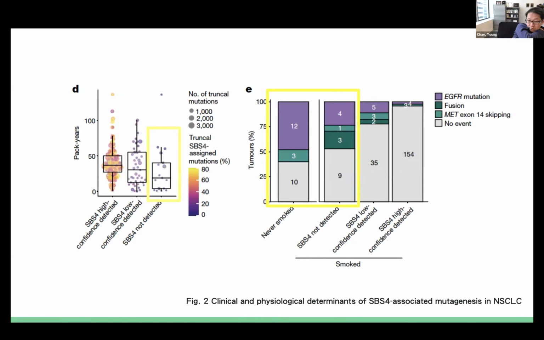So they're suggesting there is a two-step model as to how tobacco induces mutagenesis. It has a tumor initiation part and a promotion part. So they're saying maybe there is an alternative pathway to tumor initiation in tobacco-induced mutagenesis.